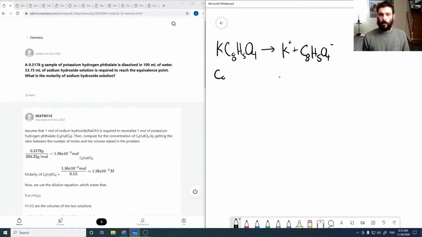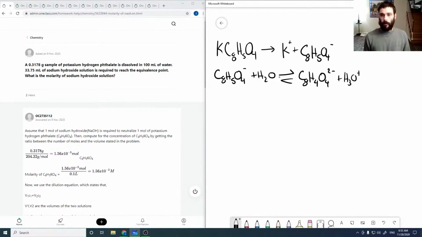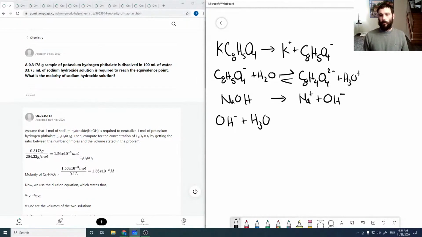Our hydrogen phthalate ion is going to react with water to give us the phthalate ion plus H3O plus, and then sodium hydroxide is going to give us Na plus and OH minus, and OH minus is going to react with H3O plus to give us water.